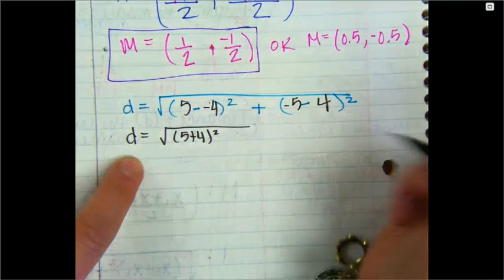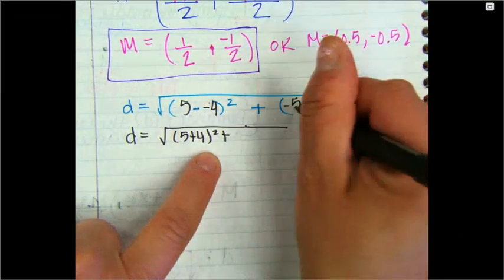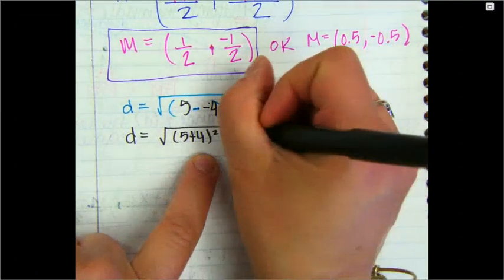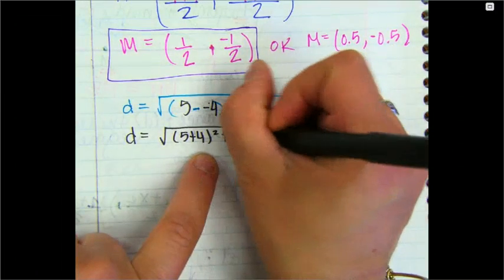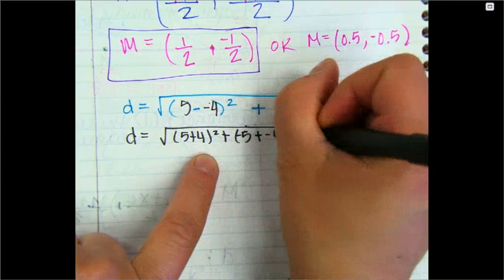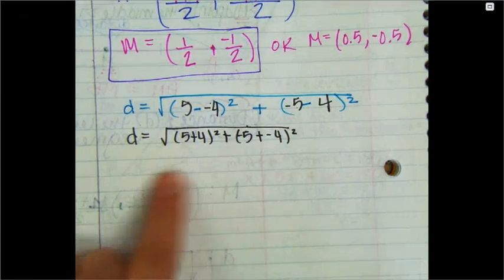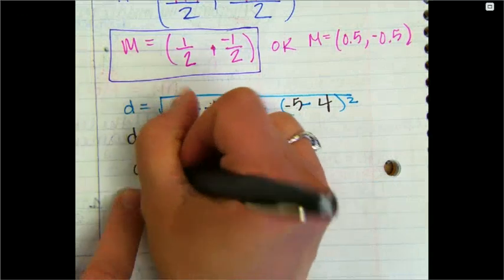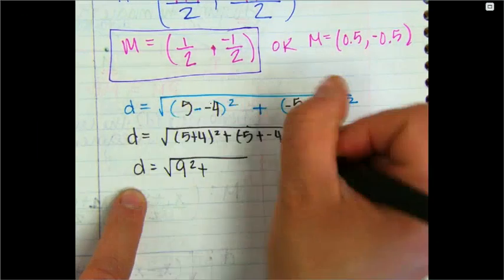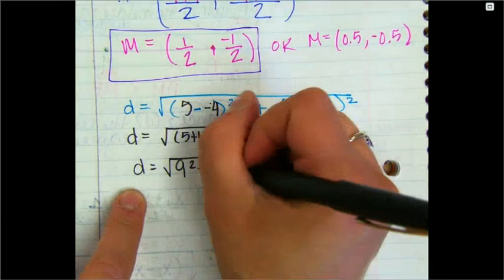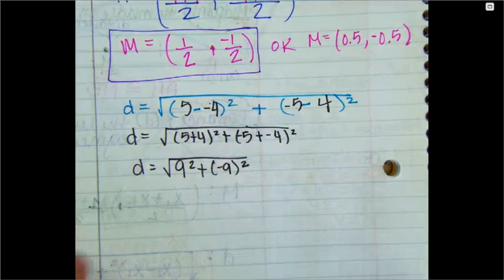I'm just going to rewrite it. Plus -5 and -4 is what? -5 plus -4. Got it? So what's 5 plus 4? 9 squared plus what's -5 and -4? -9 squared. How many of you have this right so far?